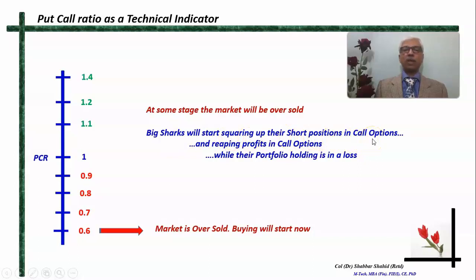They have taken a lot of premium by shorting the call options. All that premium they will retain. They will start closing their positions. They will start reaping the profit. But on the other hand, their portfolio holding is in a loss. The portfolio is going down while they are booking profits in the option trades.